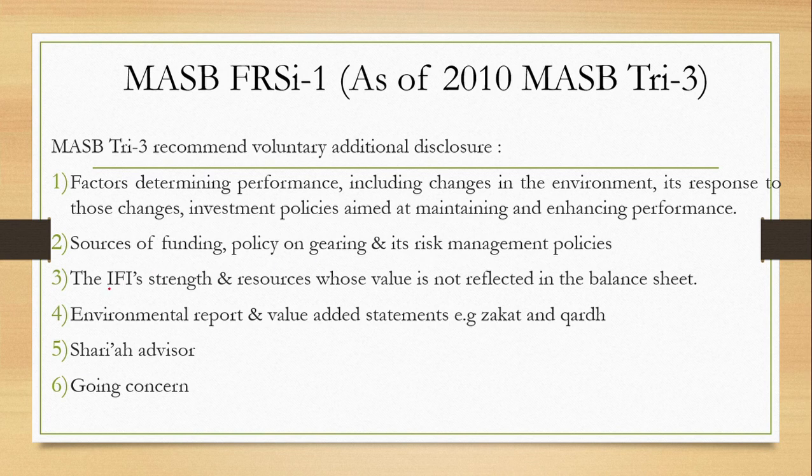Dia punya IFIs or dia punya Islamic activity tadi tu, strength, resources whose value yang not reflected in the balance sheet. So this is all information that need to be disclosed by the CIMB kinds of financial institution tadi tu if they using ataupun buat Islamic banking activities in the institution.